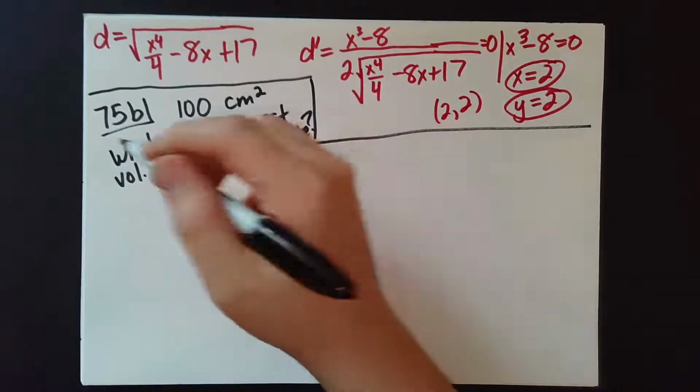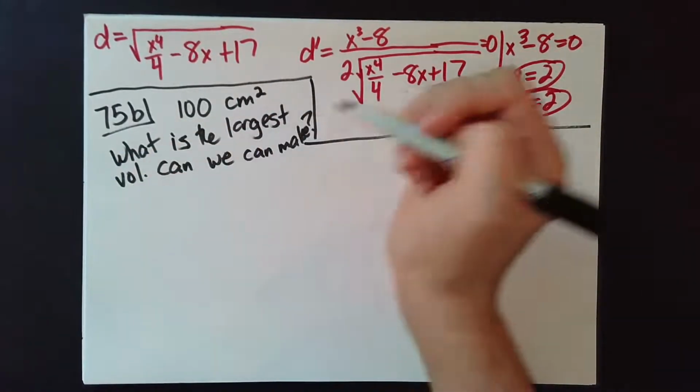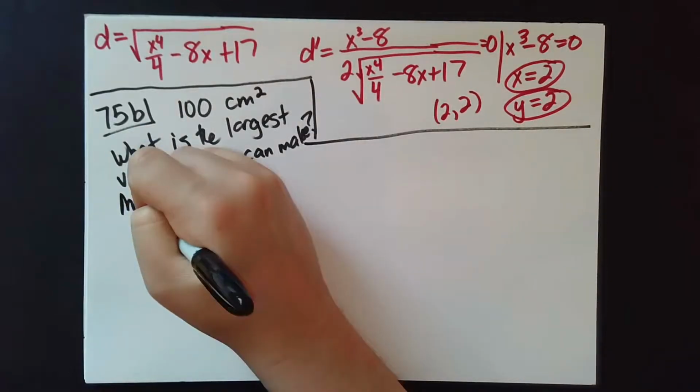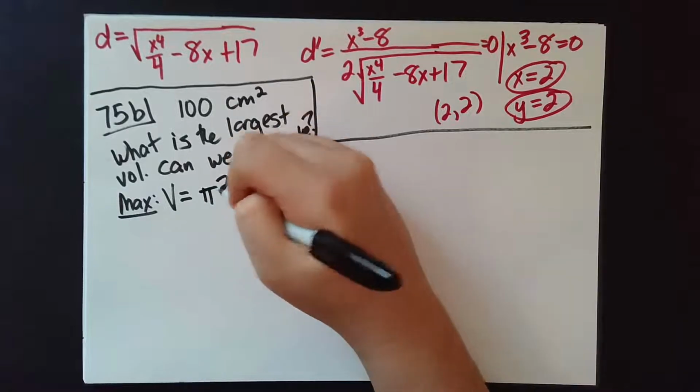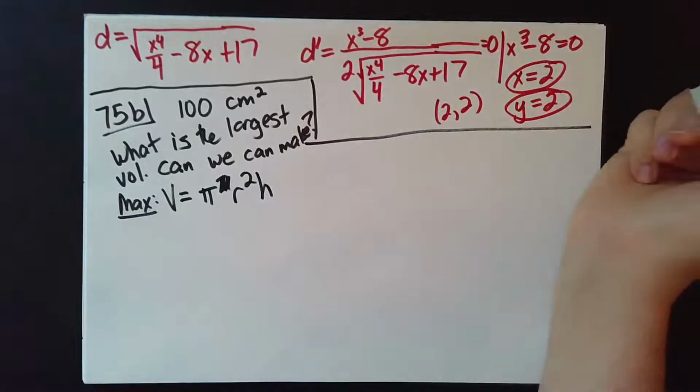And so, in this case, we're optimizing volume. In this case, we're maximizing it, which is still pi r squared h.